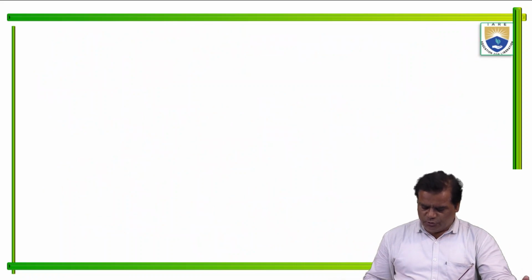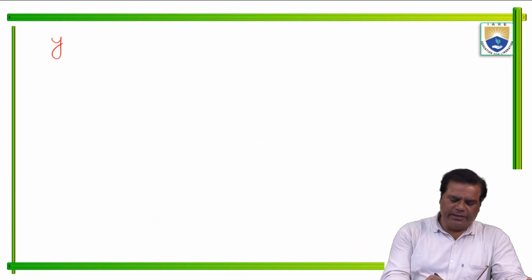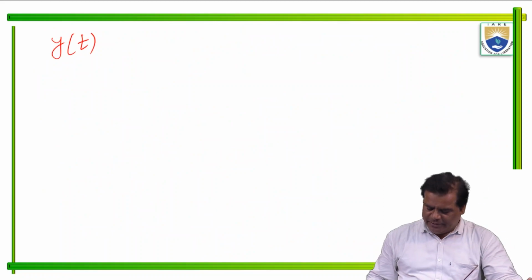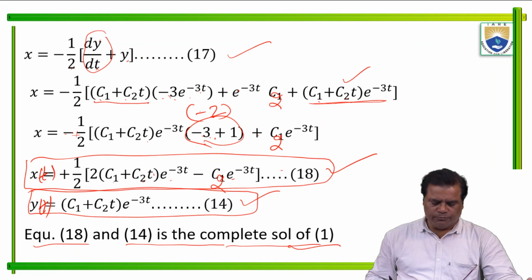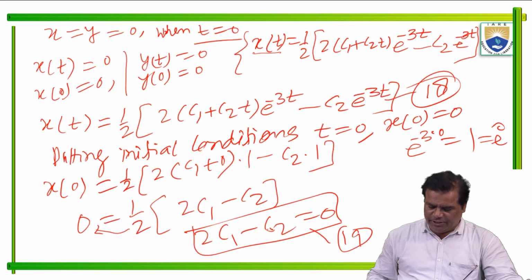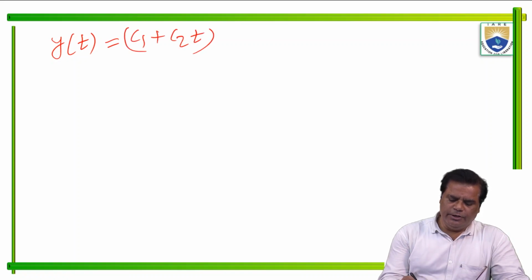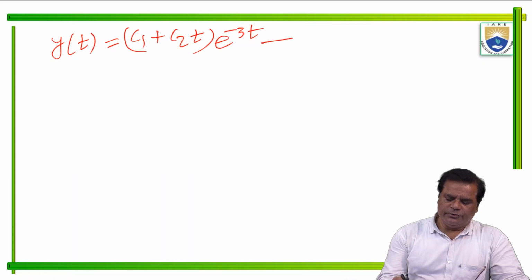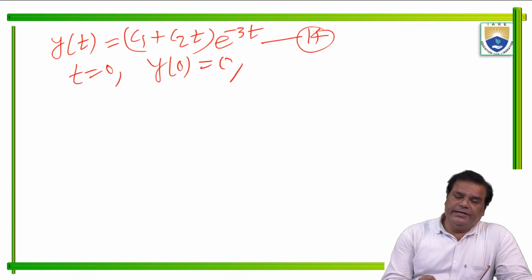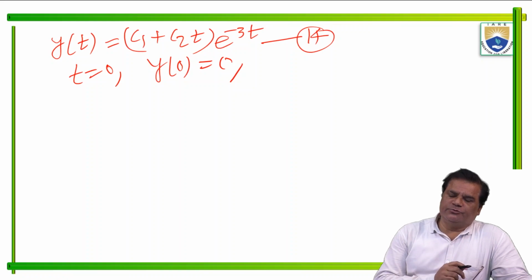Now again by solution, what is y(t)? y(t) is (c1 plus c2 t) e to the power minus 3t. This is equation 14. Putting t equal to 0, then y(0) is 0. These are the initial conditions given in our question.